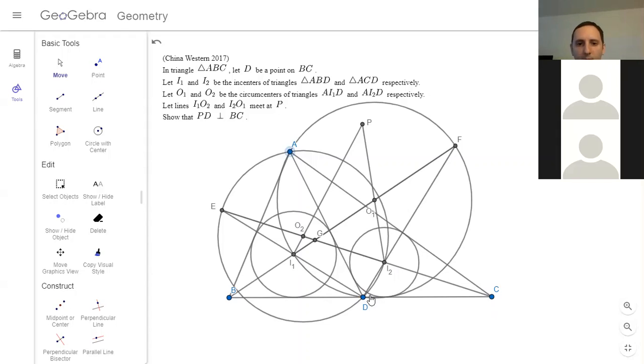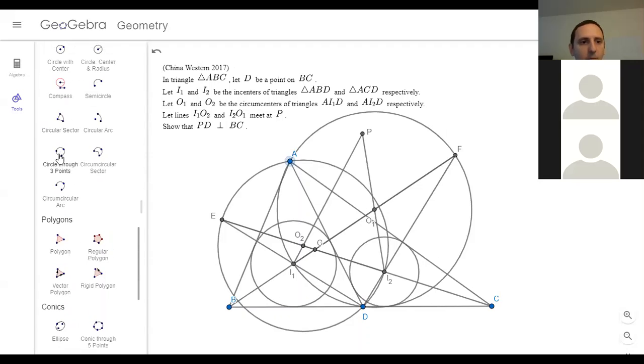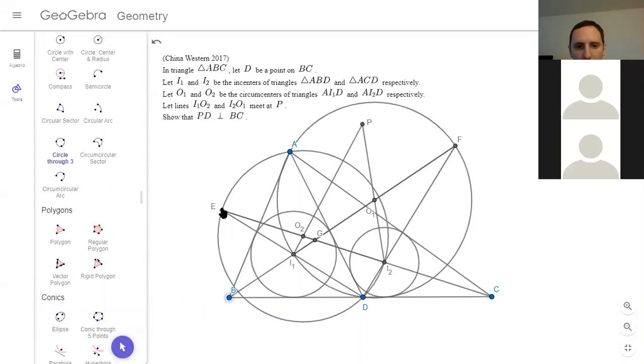Okay. All right. So G is the incenter of triangle ABC. This looks kind of Desargues, a little bit like Desargues. Or Pappus or something. Doesn't it look like Pappus? Let's see. Is EFCD cyclic? No.